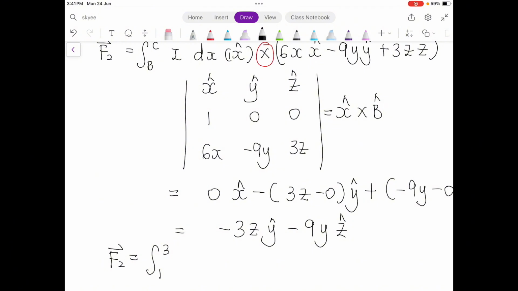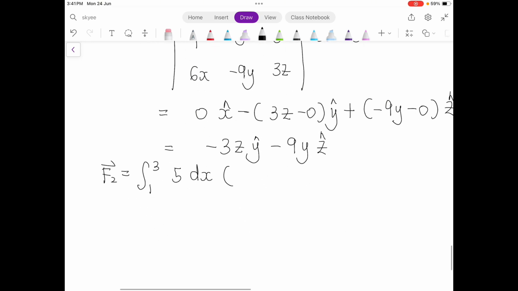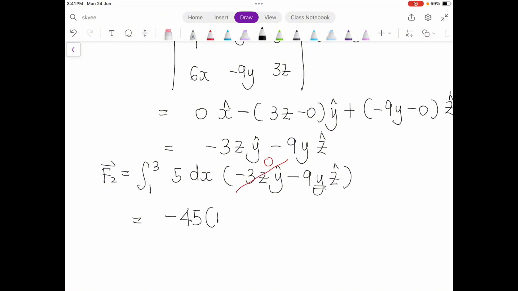I is 5, and then we have dx, then this negative 3zy minus 9yz, where z is 0. Replace y with 1, so it's negative 45. 3 minus 1, you get 2.